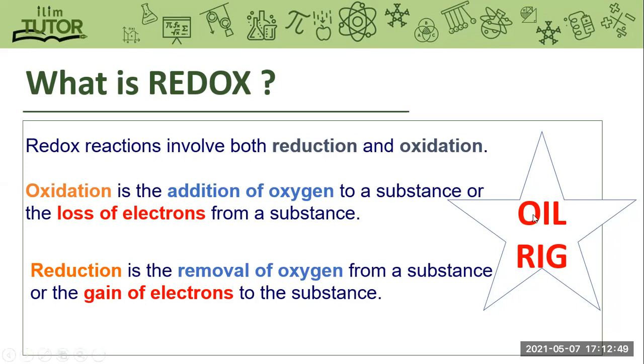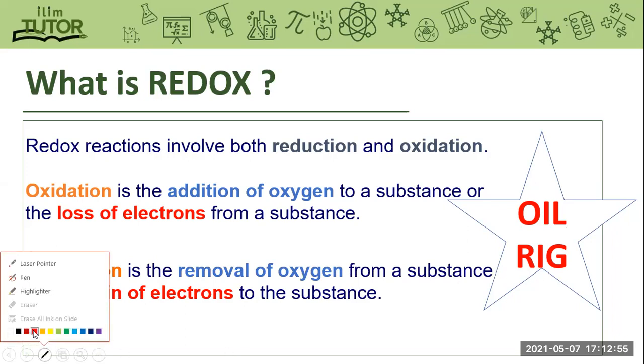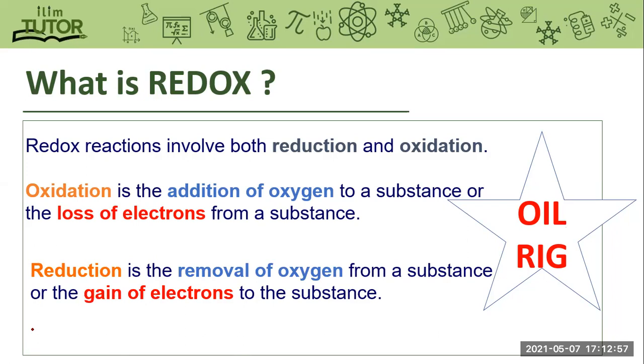Basically, this acronym will help us: OIL RIG. OIL RIG. So what does this mean? The O is saying that oxidation is loss, and the R is saying that reduction is gain.